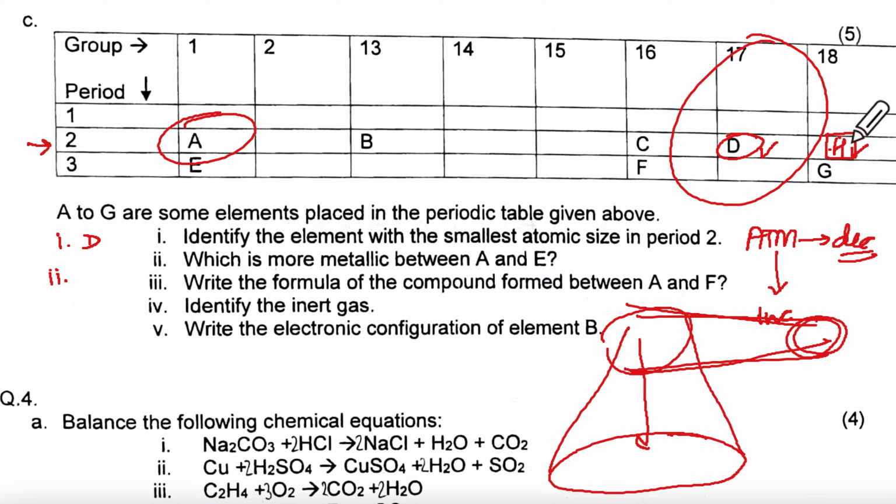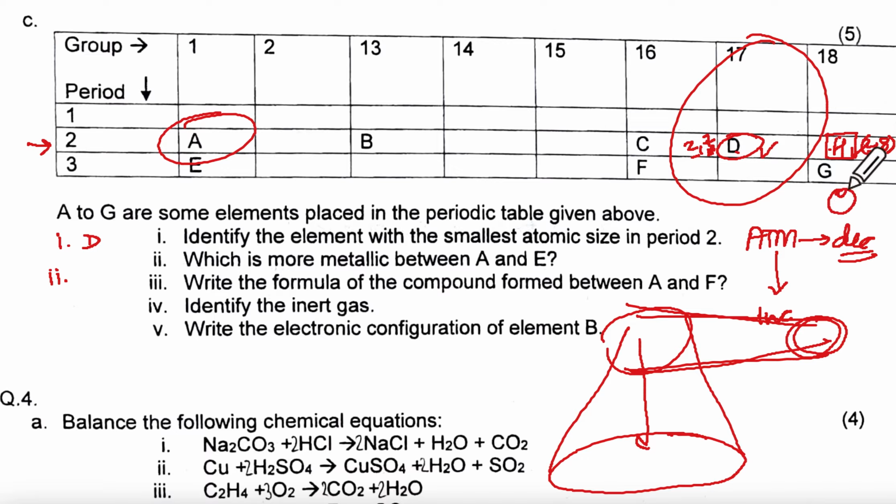Now remember, this D is 2,7 and this is 2,8, correct? Now 2,7 has 1 electron required to complete the stable electronic configuration of the nearest noble gas. For 2,8, the first shell is full and the second shell also is full.